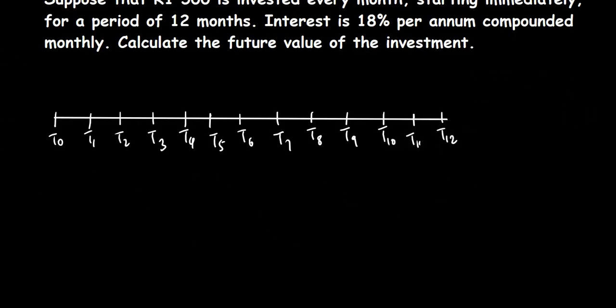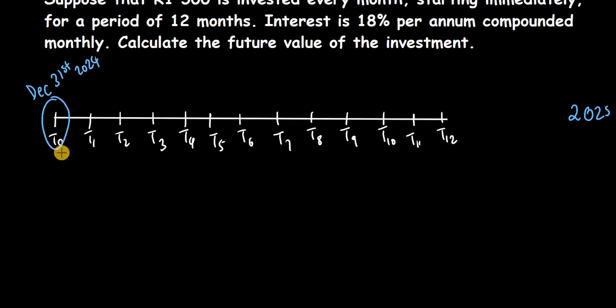Now, please guys, I need you to understand that this timeline, you can either be reading it in terms of payments made at the end of the month or payments made at the beginning of the month. This T0 here is the December of last year. If this timeline of ours is of 2025, this is month end December, December 31st 2024.